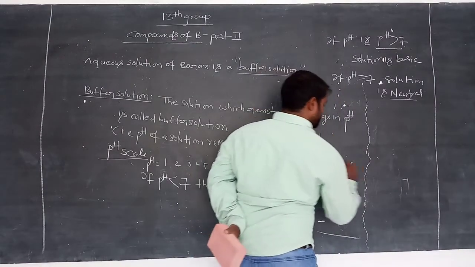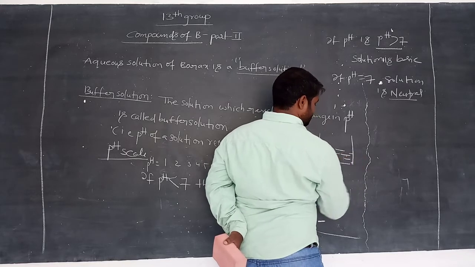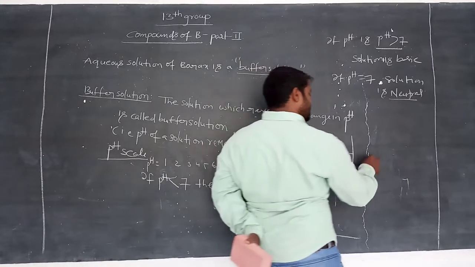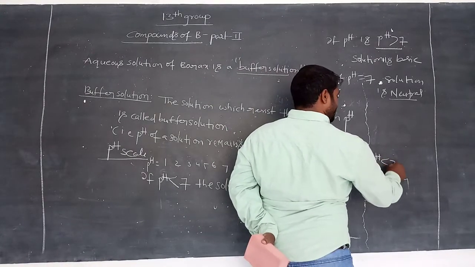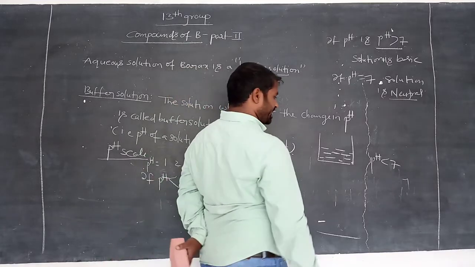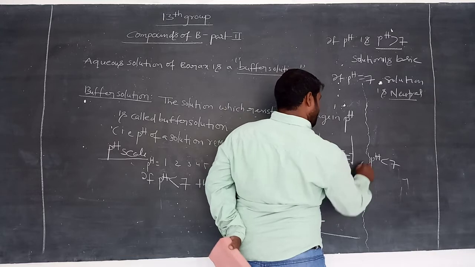Suppose this is the solution, so it may be lemon juice. Its pH value is less than 7. Why? Because lemon is acidic in nature. Suppose the pH value is 5.